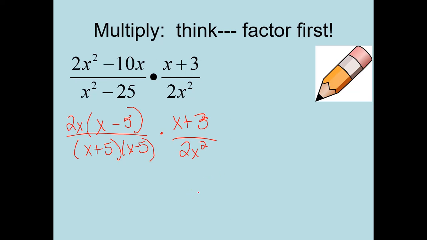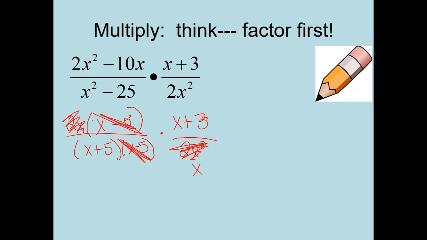So now what I can do, I'm going to cancel up and down. And I can also cancel diagonally. So x minus 5 and x minus 5 will cancel out. And then I also notice I have a 2x, and this is 2x squared, so an x would be left out of that, right? Because there's a 2x here, so this would be just an x.